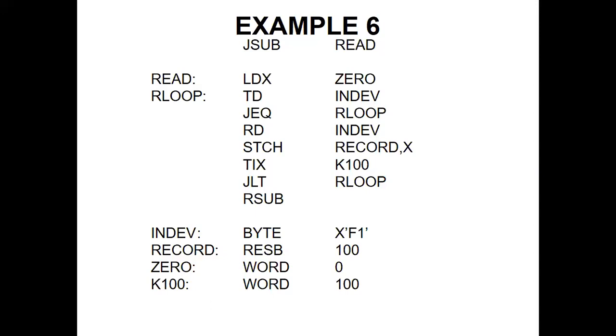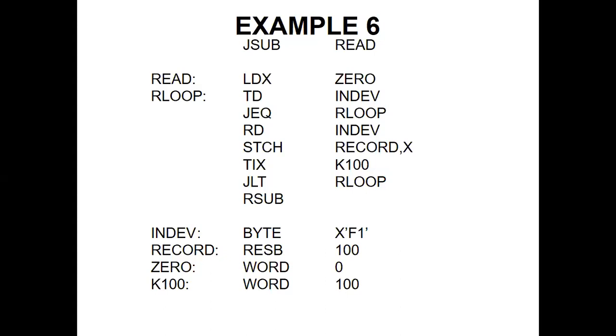Okay, so you compare. If initially X is a 1, you compare 1 with 100. K100, we are being told that that is an integer 100. Okay, so the memory location K100 is holding an integer 100. So if X is a 1, certainly 1 is less than 100. Then you jump if less than to that label, which is error loop.